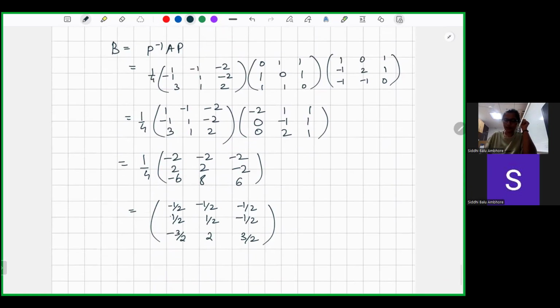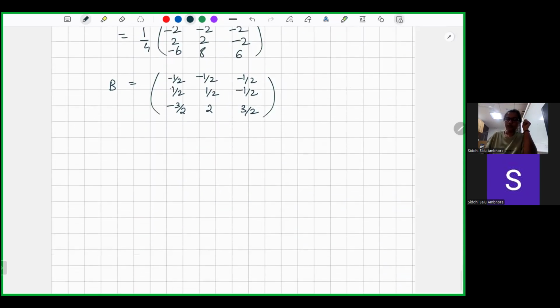This is matrix B. This is matrix of F with respect to V1, V2, and V3. Okay, so I hope this was fine. And that's it. That's what we were asked to do. Let us move to next question.